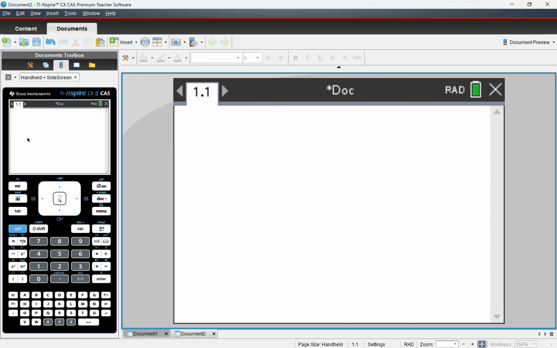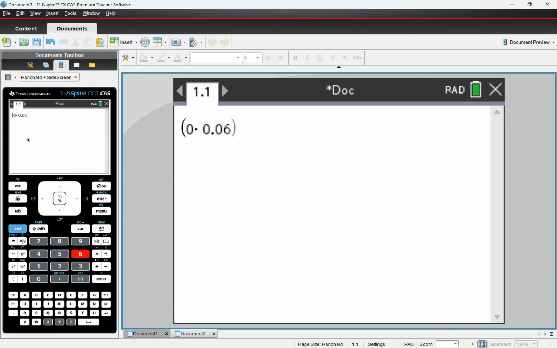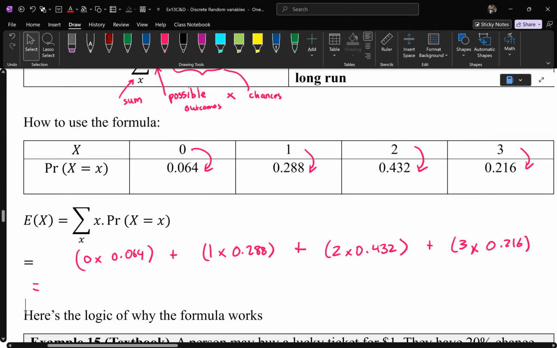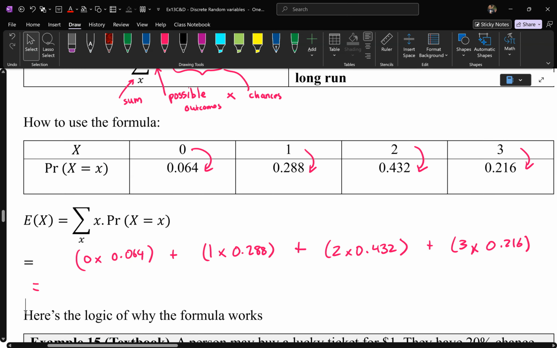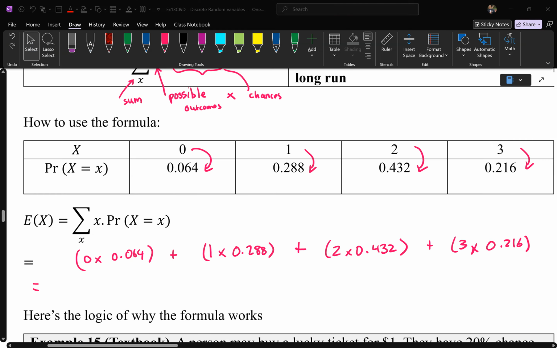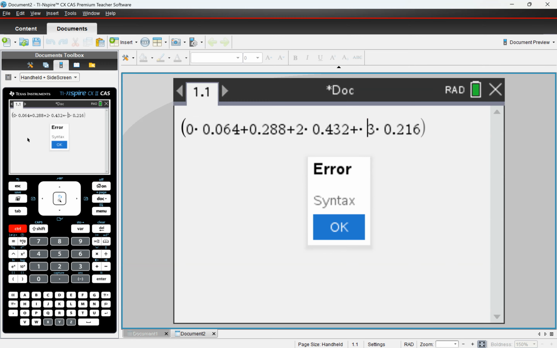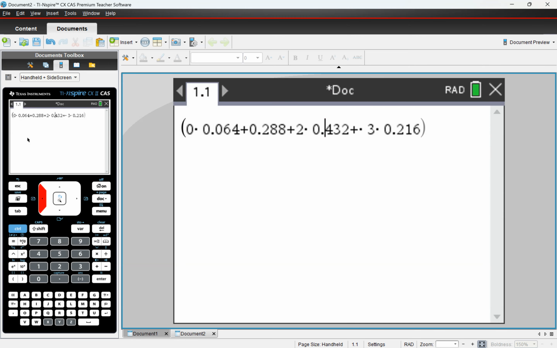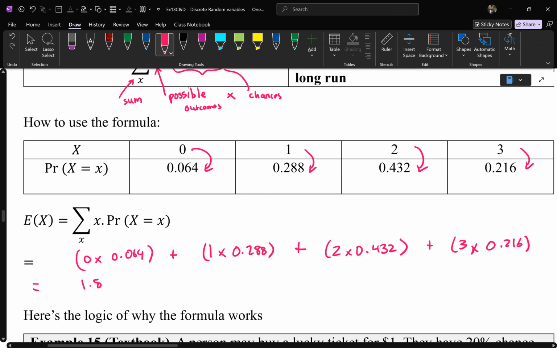Let's do this. 0 times 0.064 plus 1 times 0.288, plus 2 times 0.432, plus 3 times 0.216. Oh, what did I do wrong? Thank you. 1.8.